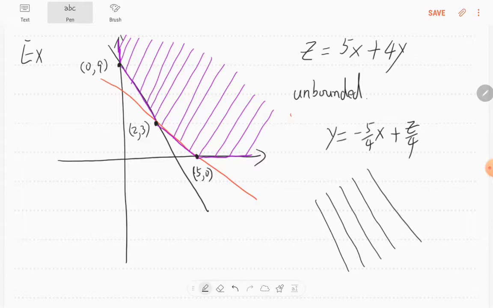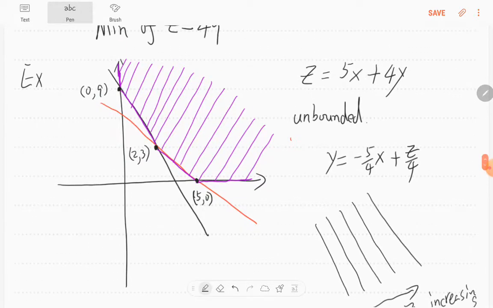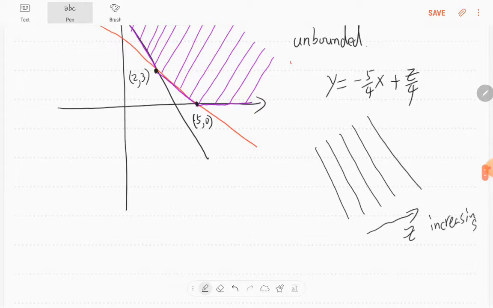In other words, if z is increasing, the line will move parallelly upward. It's the same as it will move down if z is decreasing.